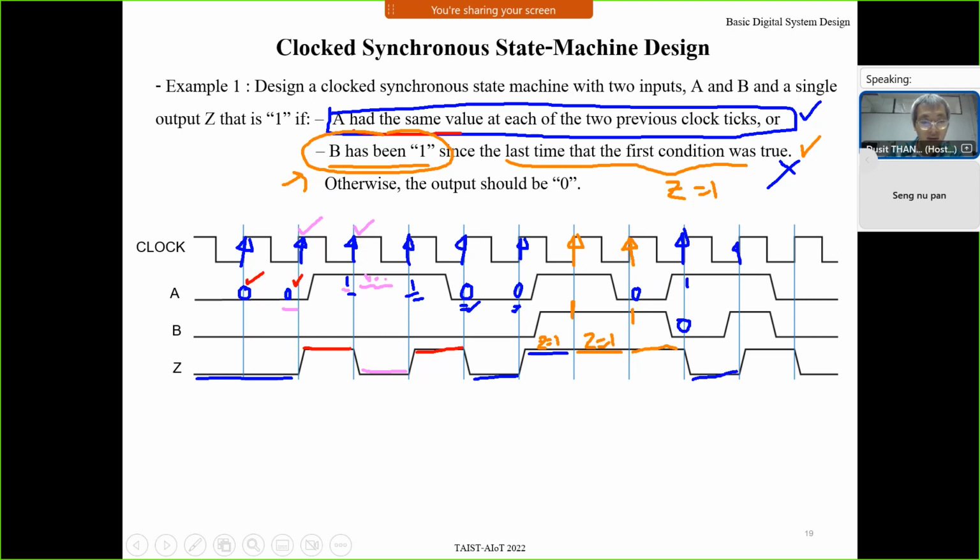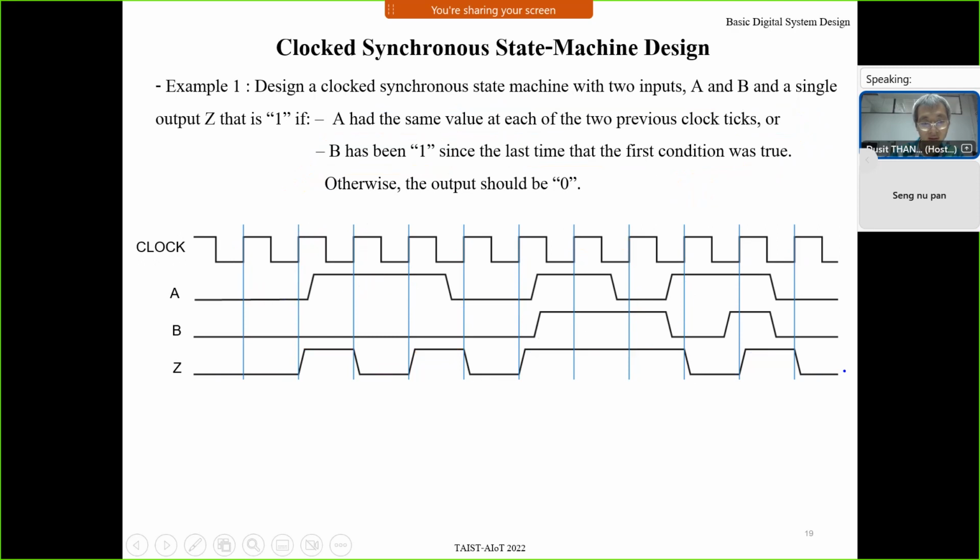At this clock tick, B is 1, but output Z is not 1, so you must use the first condition by considering the value of A. A is 1, so output becomes 1. At this clock tick, B is 0, A is 0. So use the first condition, 1 0, so output becomes 0. Okay?